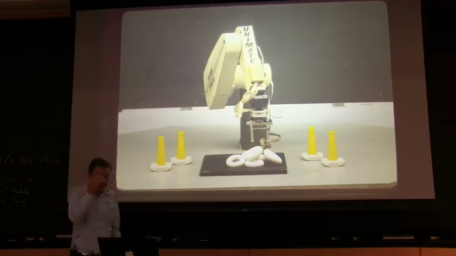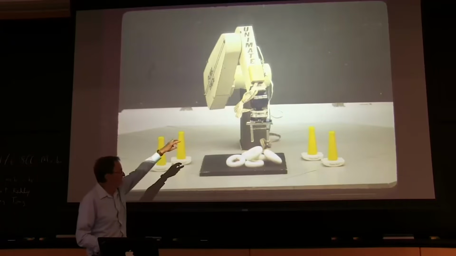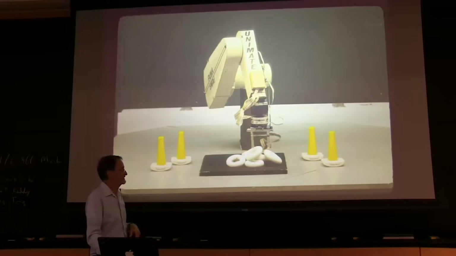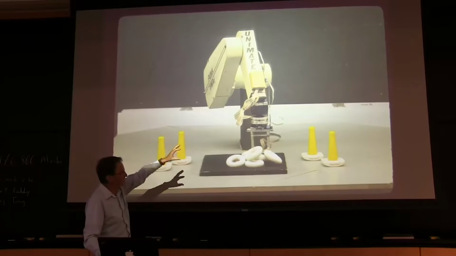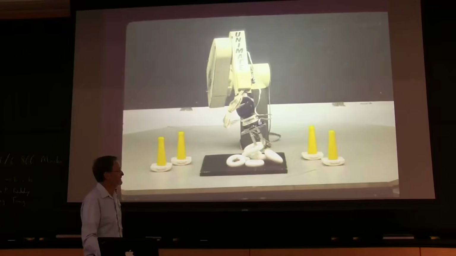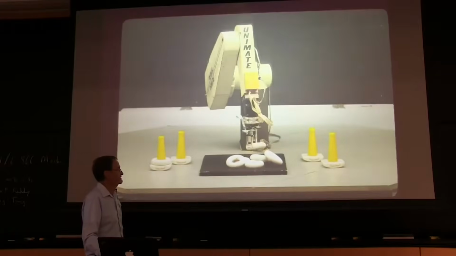The way this works is that you do all this image processing, you figure out which object to pick up and how it's oriented, and then you reach down with a hand until a beam is interrupted. Then you know the depth. So here the beam is interrupted, and now the robot backs up and reorients the hand for grasping. And then it comes back and grasps that object, and so on.